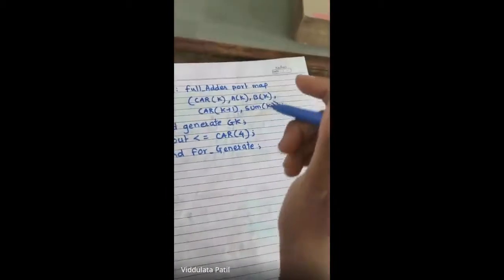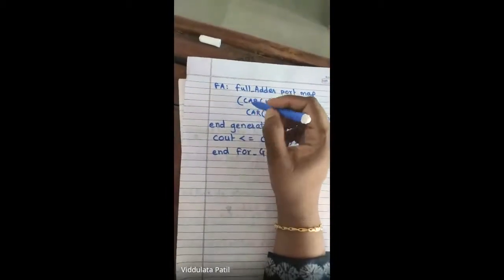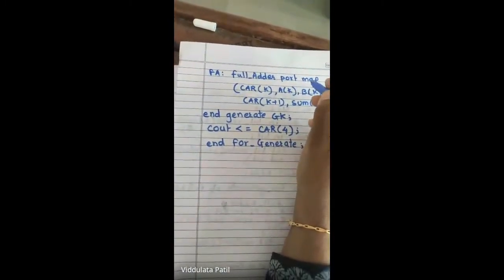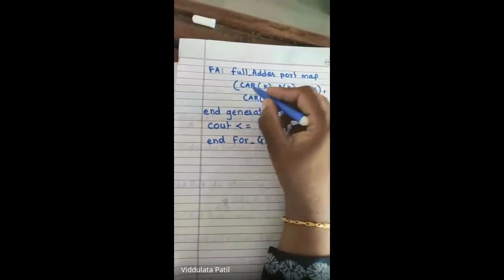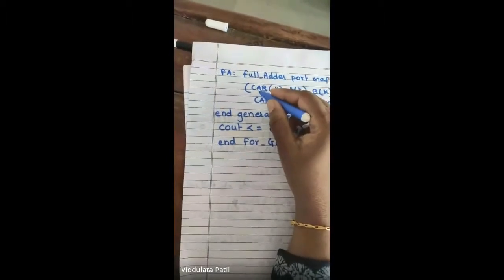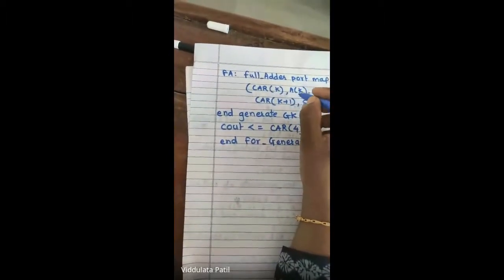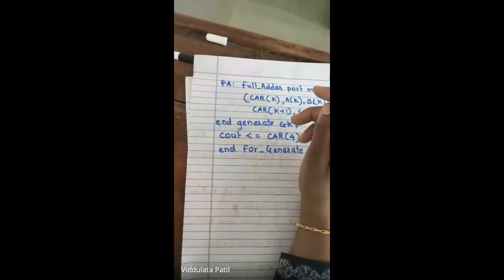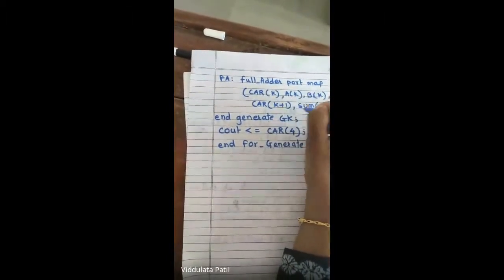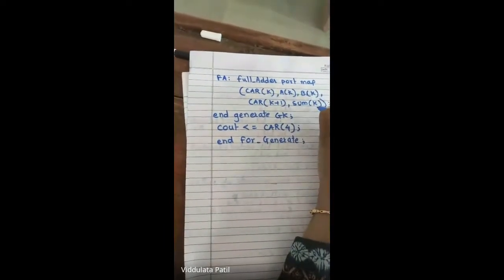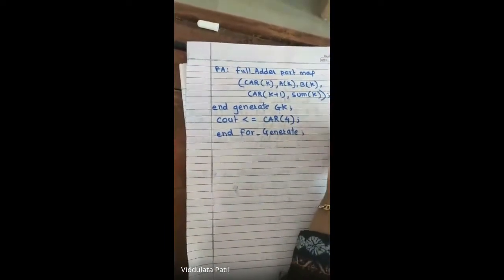Now the full adder, that component we are considering, and we are mapping the ports to the ports which we have in this full adder. So we are mapping car of k to Cin, a of k to a in a full adder, and b of k to b in a full adder. Then car(k+1) will be Cout, and sum of k will be the output sum.